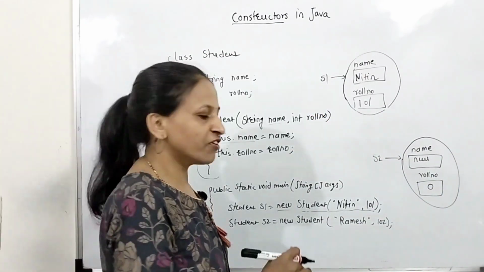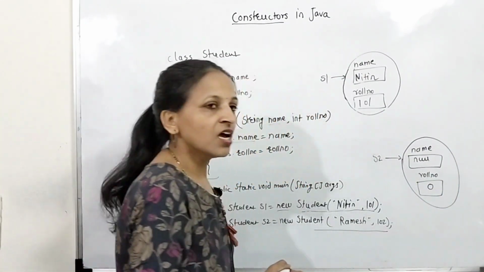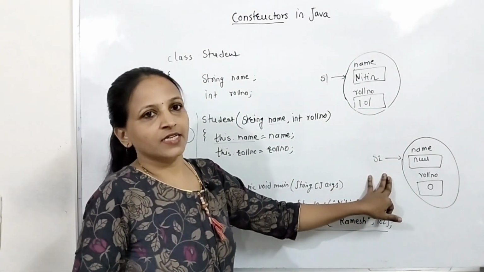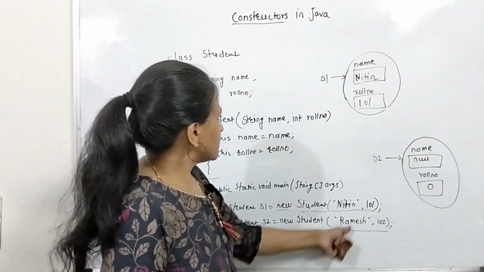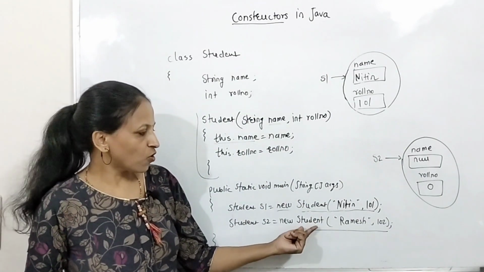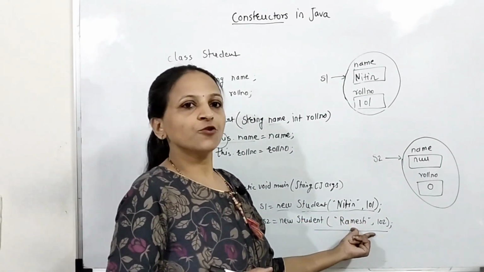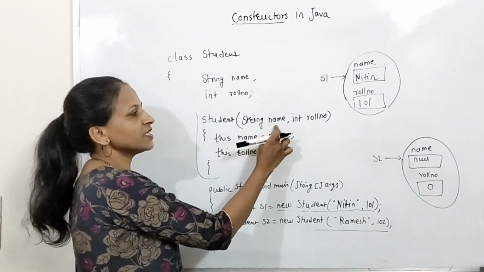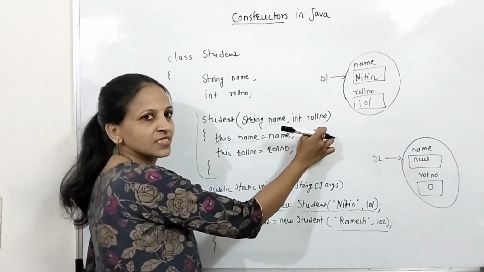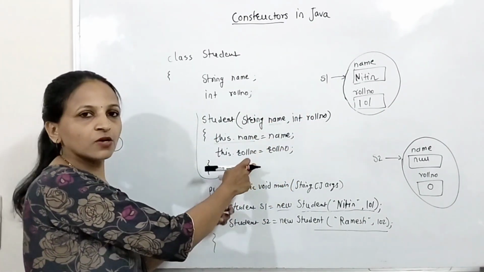Now the JVM will call the constructor as soon as the object is created. The constructor is like this. Here we are calling Student and we are passing 2 arguments. The same thing is here, Student having 2 arguments. That's why this constructor will be called.